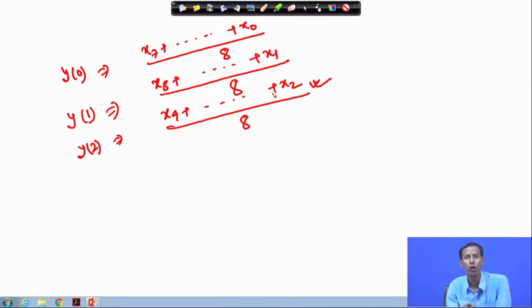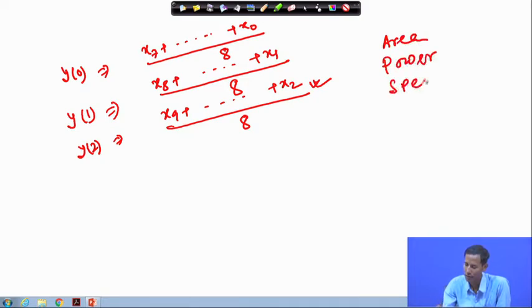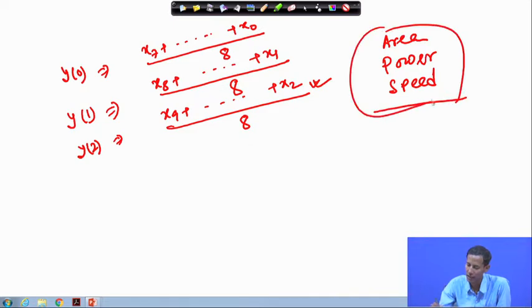Now, here one point is there, actually 2 points I have to observe. Till now what we have seen is that area, power and speed, these 3 are the major constraints while we are doing VLSI circuit design.